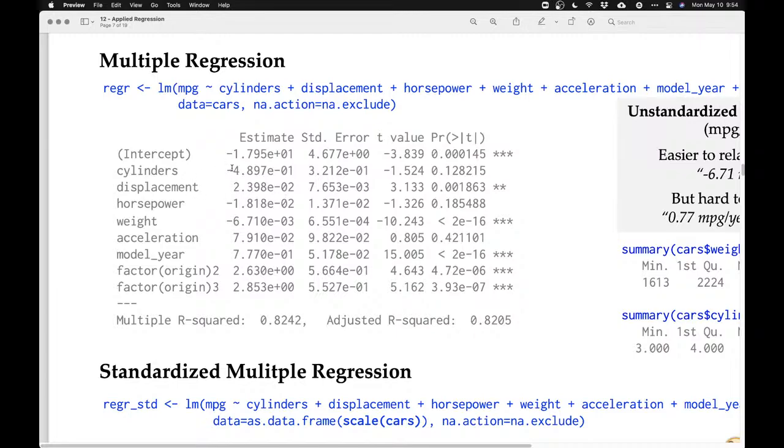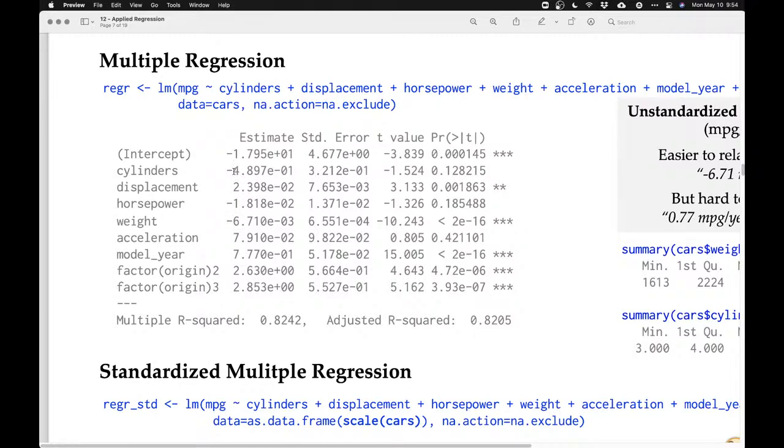Like how would you compare the coefficient for cylinders versus the coefficient for, I don't know, horsepower or weight? For example, here the coefficient is times 10 to the minus 3, so it's minus 0.006. It's a very small coefficient.